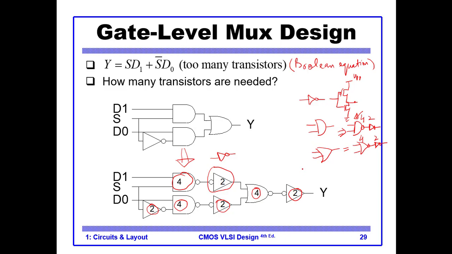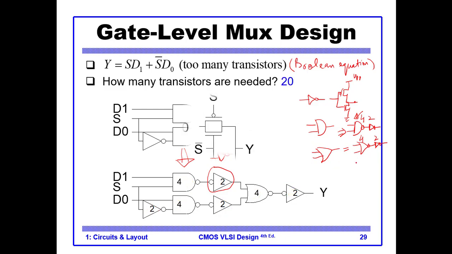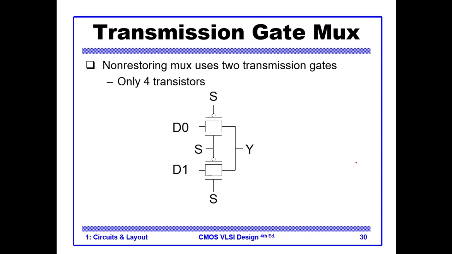So we have in total 20 transistors for a 2x1 mux. But if we implement the same 2x1 mux with transmission gates, we only need 4 transistors.